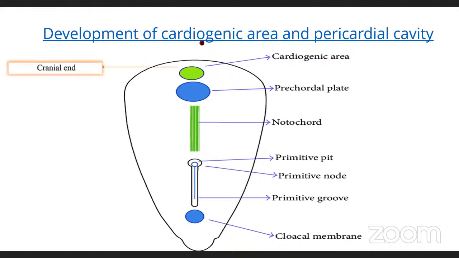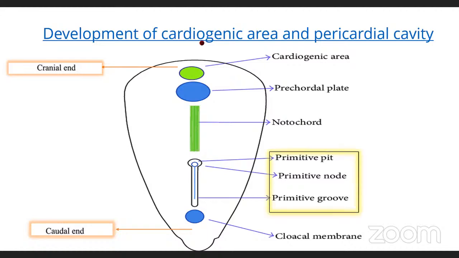This portion is the cranial aspect of the developing embryo, and this portion down here is the caudal aspect. And if you remember, during gastrulation, cells from the epiblast move down through the primitive streak and form a new layer called mesoderm. This mesoderm is between the ectoderm and endoderm.